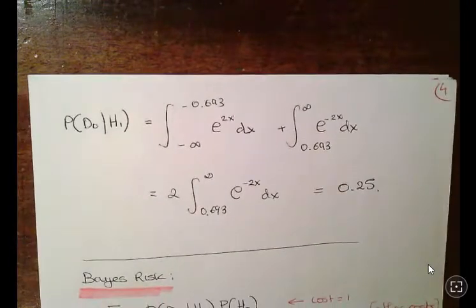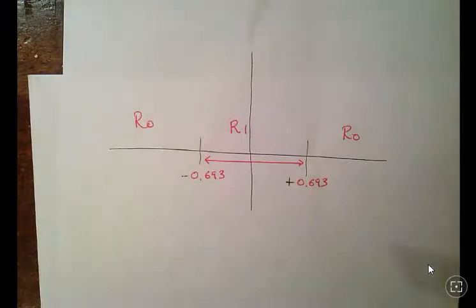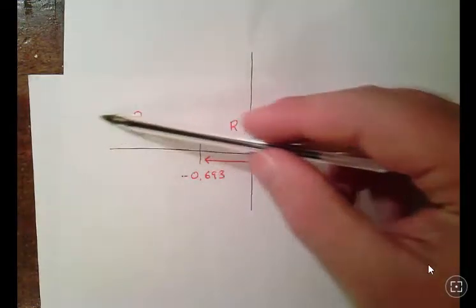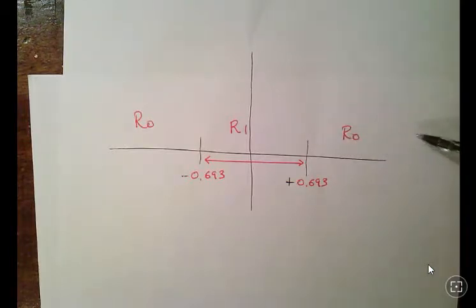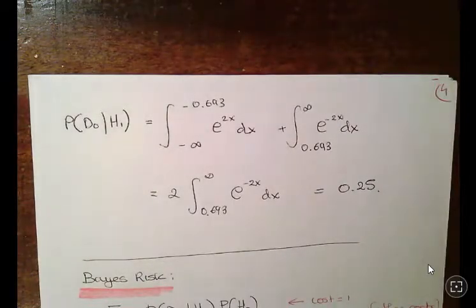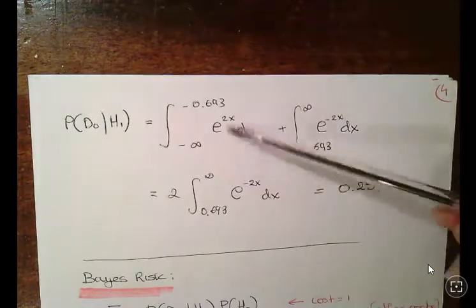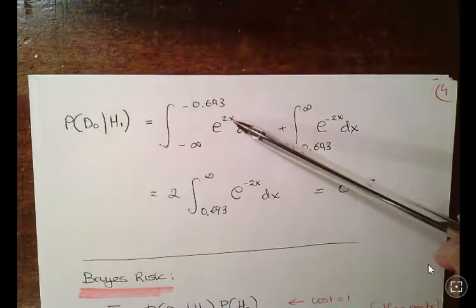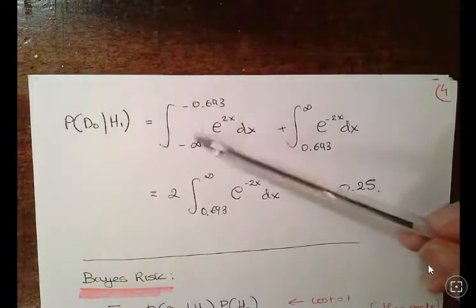We're going to calculate the probability of D0 given H1. We are calculating this in this region here, plus this region here. So from minus infinity to minus 0.693, plus 0.693 to infinity. Also, I chopped out the absolute value functions, because they are necessary only in the negative region.